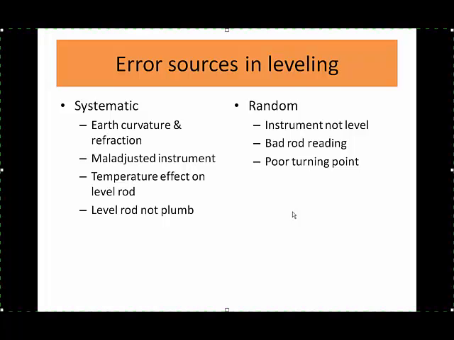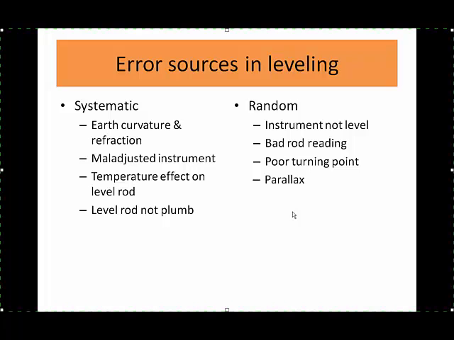Things like loose rocks on the surface do not make good turning points, but hard, massive objects and things like spikes driven to refusal in the ground do make good turning points. And we'll give you pointers on that in the field as we go this semester.